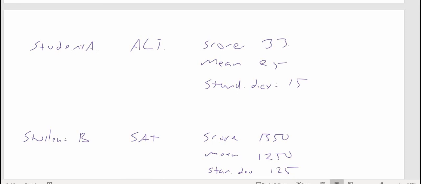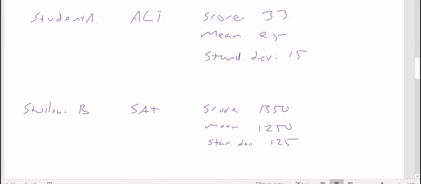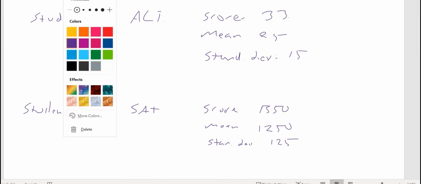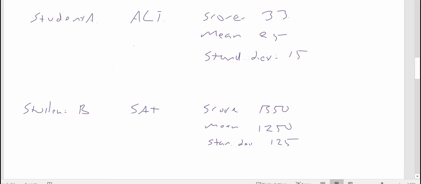Well, to figure that out, we can compare their z-scores. So for student A, the z-score, which remember, is what we just call the number of standard deviations, is 33 minus 25 divided by 15. So that would be 0.53.